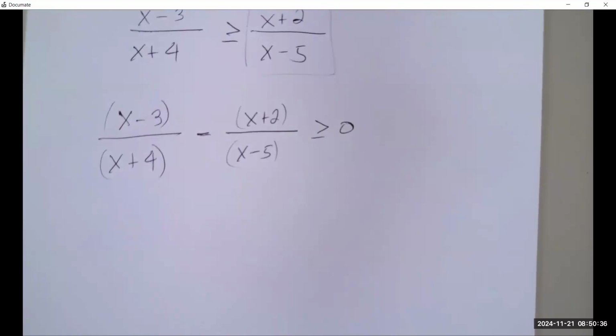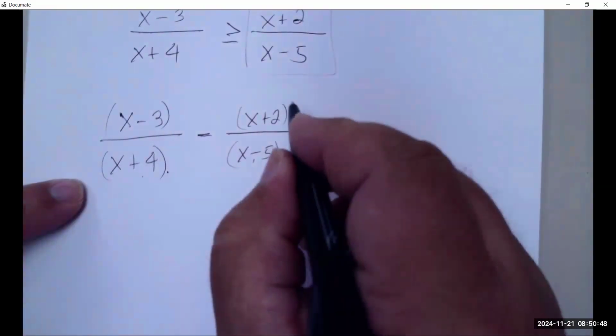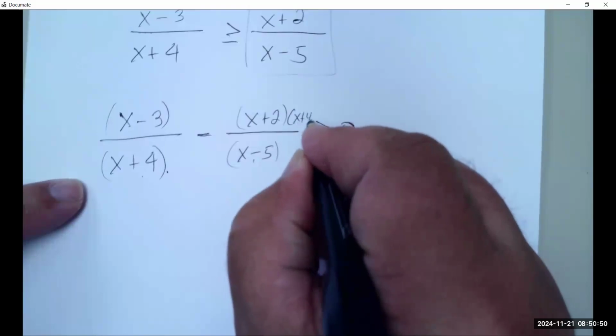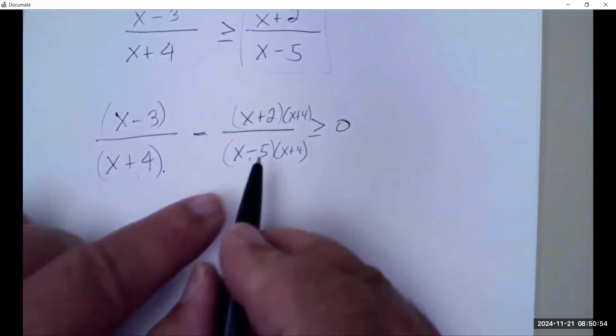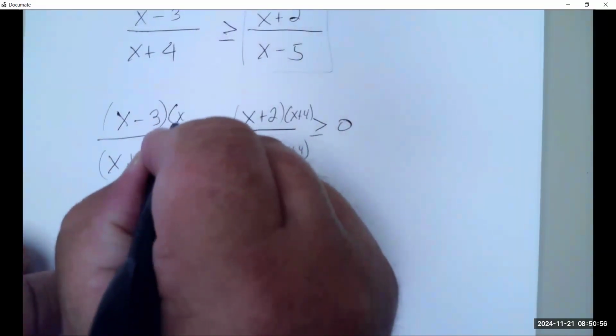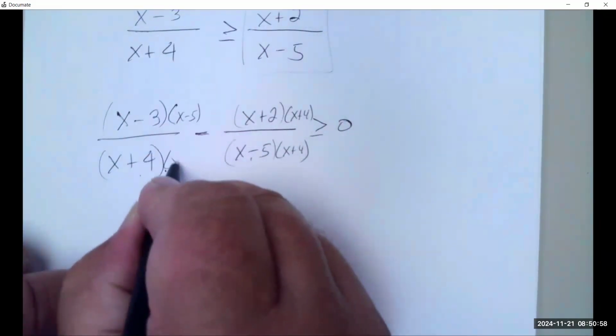The negative stays separate right now because we have to do what first? Get a common denominator because we're subtracting two fractions. This one has an x plus 4, so this one needs an x plus 4 over x plus 4. This one has an x minus 5, so the other side needs an x minus 5.